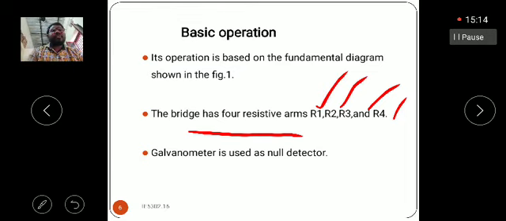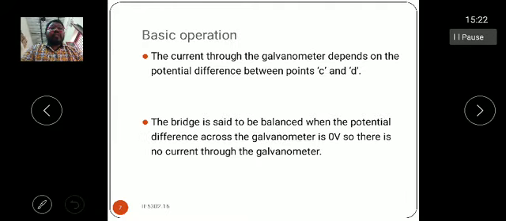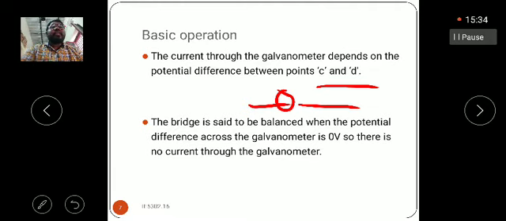In DC bridges, we use the galvanometer for null detection. The current through the galvanometer depends on the potential difference between the points C and D. Between C and D we have connected the galvanometer, and between these two points we are measuring the current.